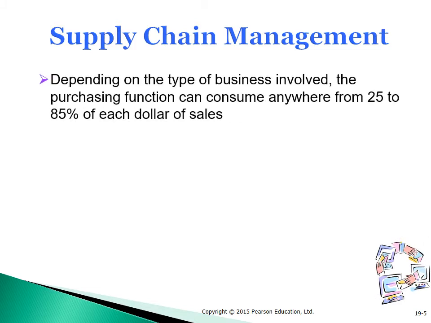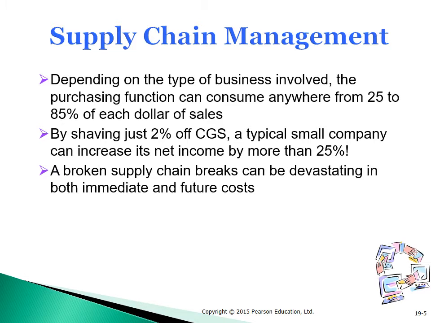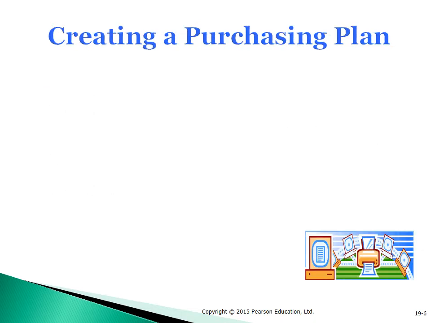Depending on the type of business involved, the purchasing function can consume anywhere from 25 to 85 cents of each dollar of sales. By shaving just 2% of COGS, a typical small company can increase its net income by more than 25%. A broken supply chain risk can be devastating in both immediate and future costs.